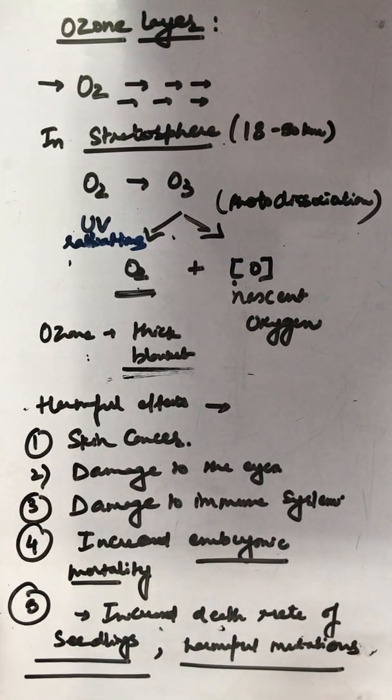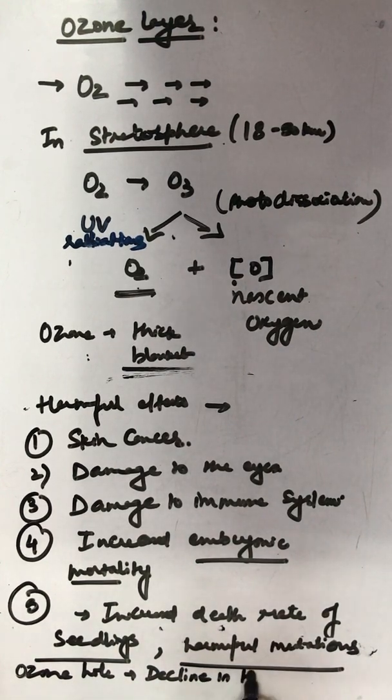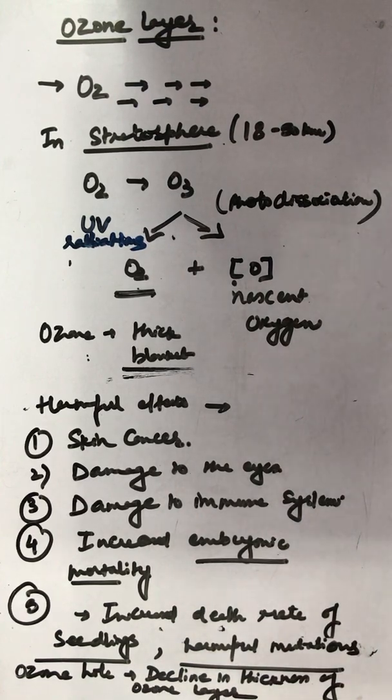So always remember, ozone hole means decline in the thickness of the ozone layer. I'll write it down. Ozone hole means decline in thickness of the ozone layer over a restricted area.